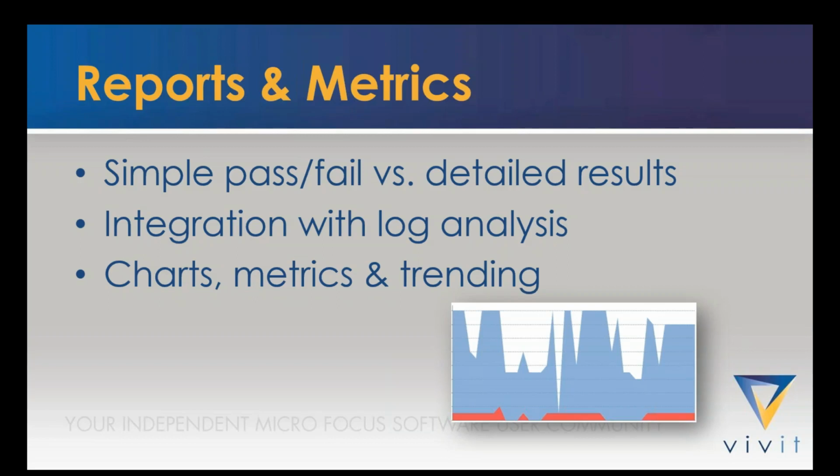But having the detailed results integrated there, as Richard even pointed out in his demonstration, you saw the pass, but you could see that there was full detail in there. It's quite wonderful for understanding your coverage, as well as understanding where a failure may have occurred. Maybe you want to integrate with some kind of log analysis, but just knowing that you have to plan for your reports, plan for building all of those pieces is very necessary.